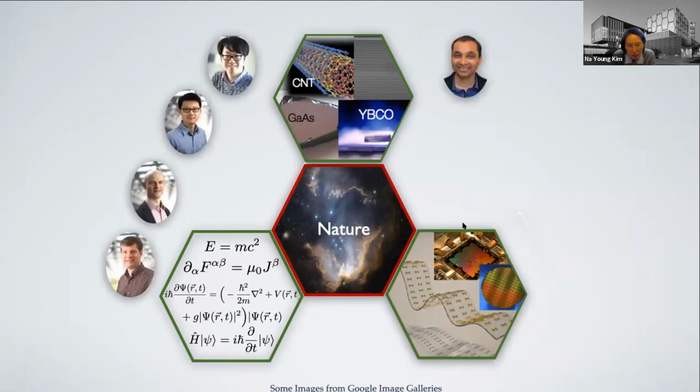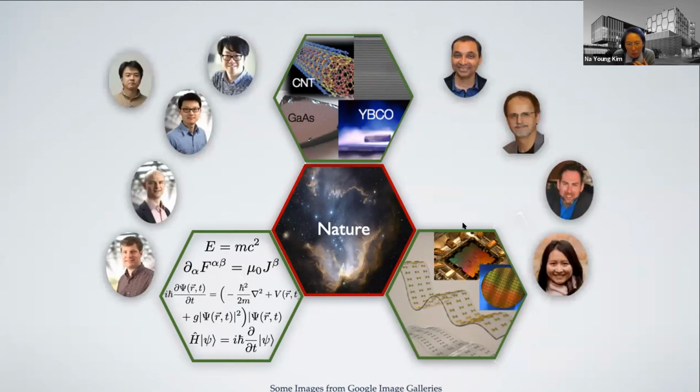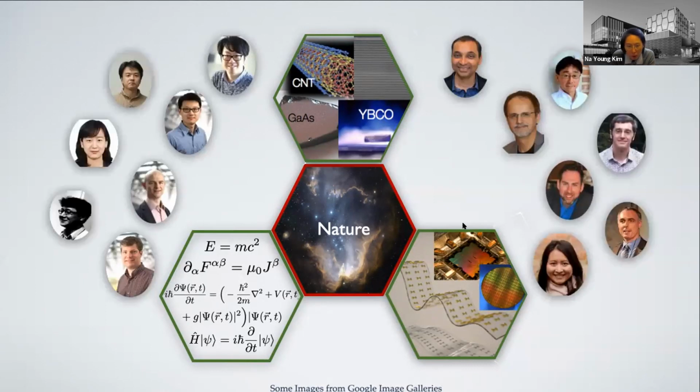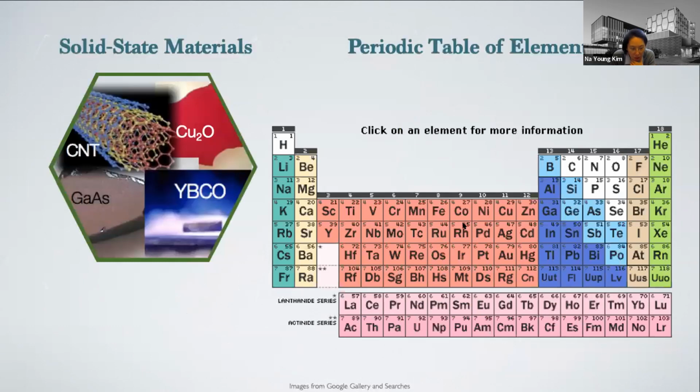Along these journeys, I'm very fortunate to have both internal and external collaborators in Canada, at the University of Waterloo obviously, as well as internationally. In particular, we are fascinated by some solid-state materials where many electrons in specific atoms can offer exciting material properties. These are some of the examples I've been studying for the last two decades: carbon nanotubes, gallium arsenide, YBCO, and so on.